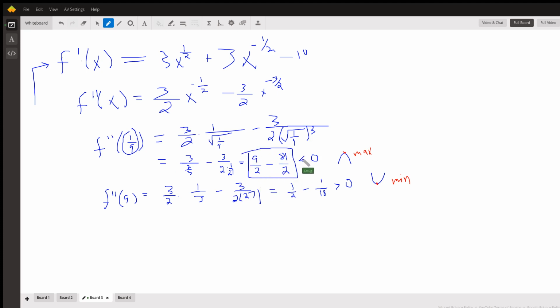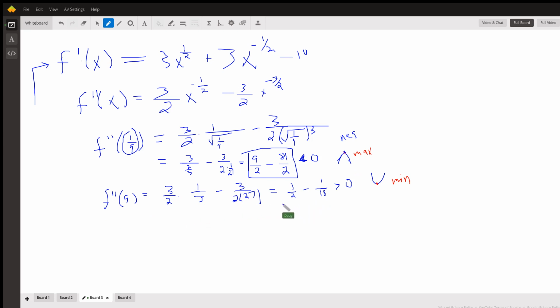All I care about is that that's less than 0. And when it's less than 0, that tells you that the original function is concave downward. When I think less than 0, I think negative, and I jot down a frown, and so the critical number 1/9 generates a maximum.